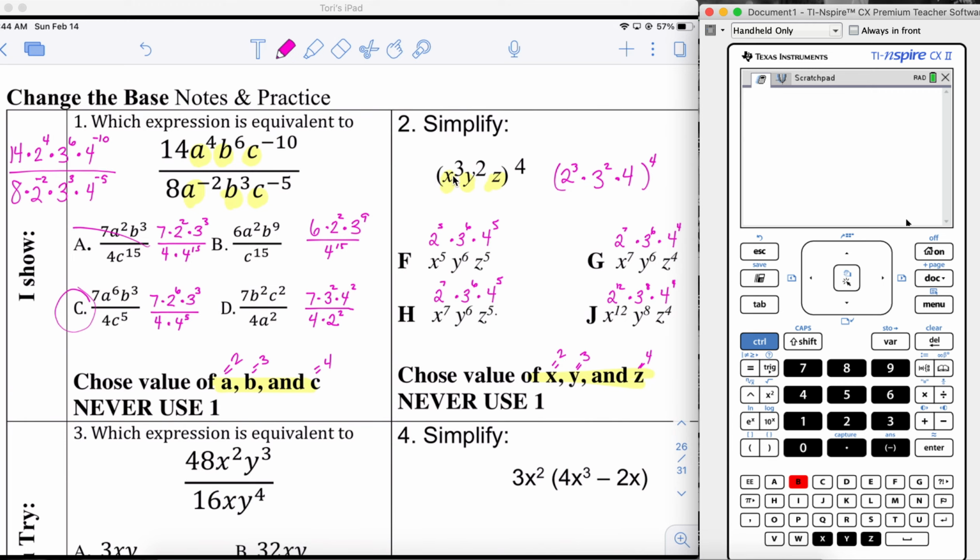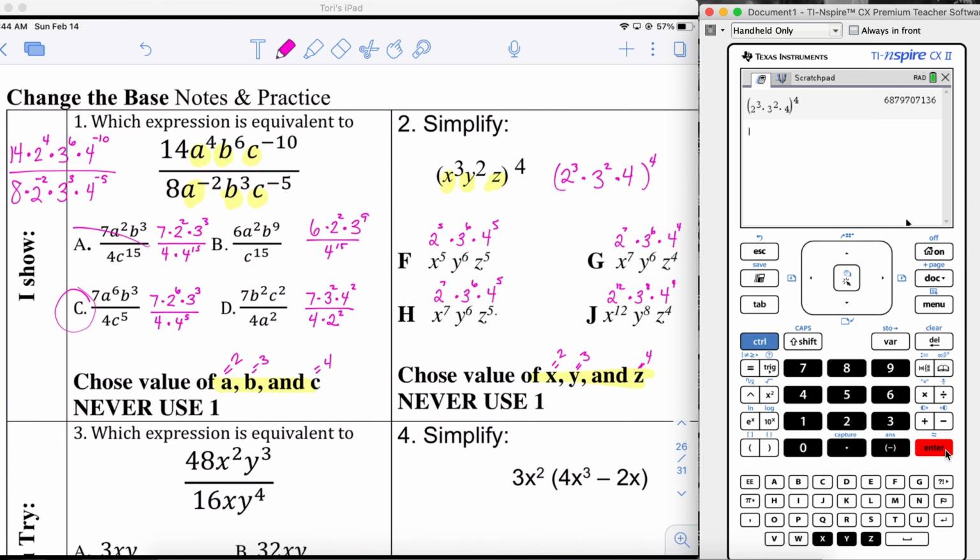So the first thing I'm going to do is retype this top line using those new numbers. So parentheses, 2 raised to the 3, arrow over, multiplied by 3 raised to the 2, arrow over, multiplied by 4. Now there's no exponent on the 4, so close your parentheses, and then raise the whole parenthesis to the 4th power. Okay?